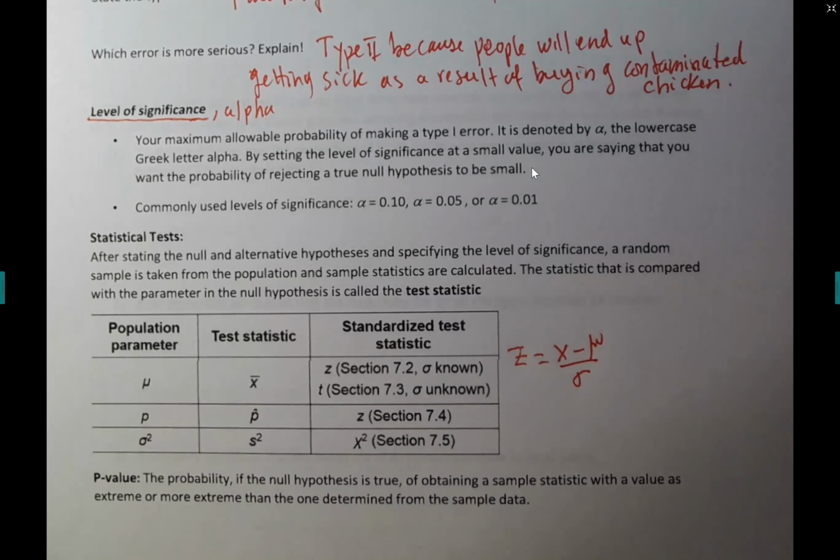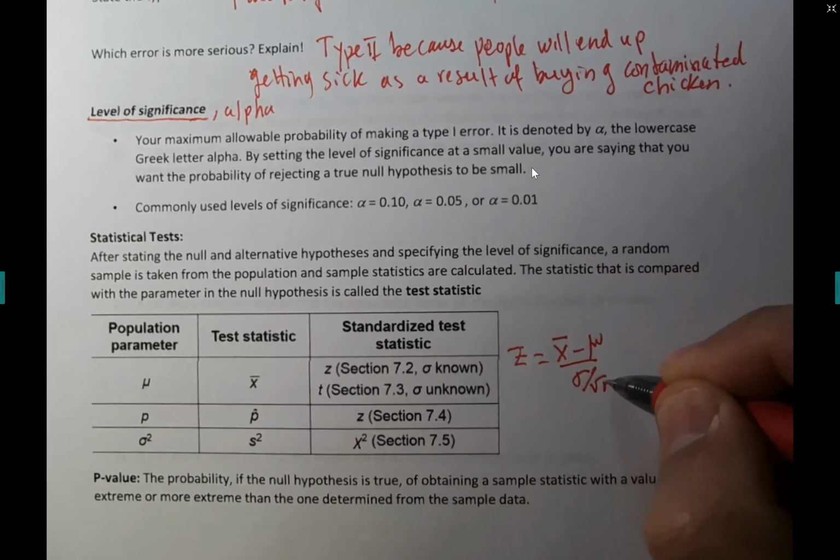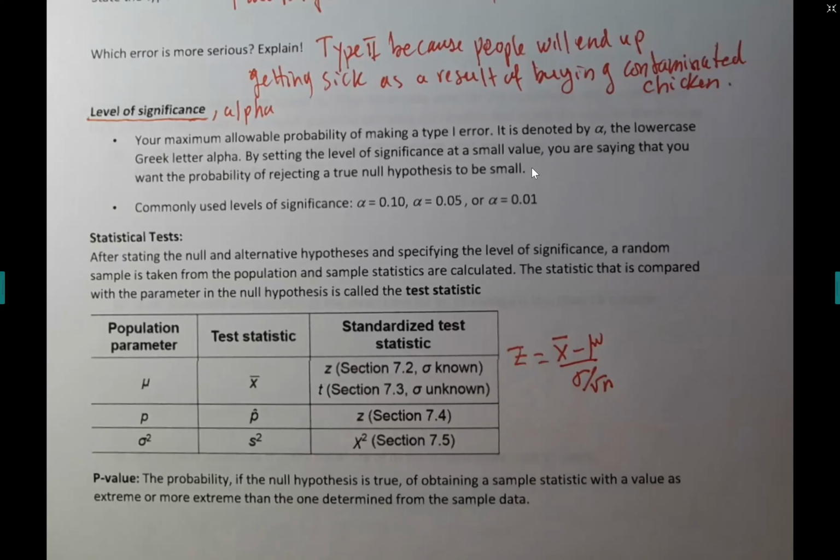But when you work with X bar, guys, you have to change this to sigma over square root of n, because as you learned in chapter 5, the standard deviation of the means will become sigma over square root of n. And based on this value, we're going to extract what we call the p-value, which I'm going to define in a little bit.